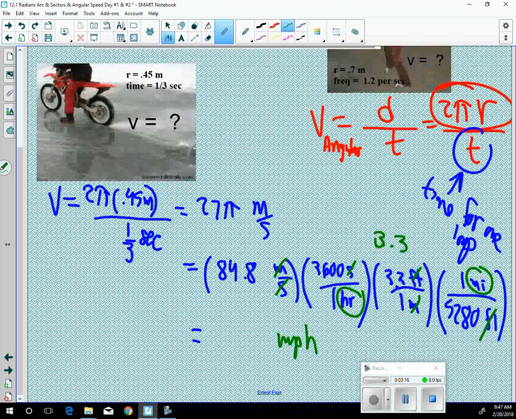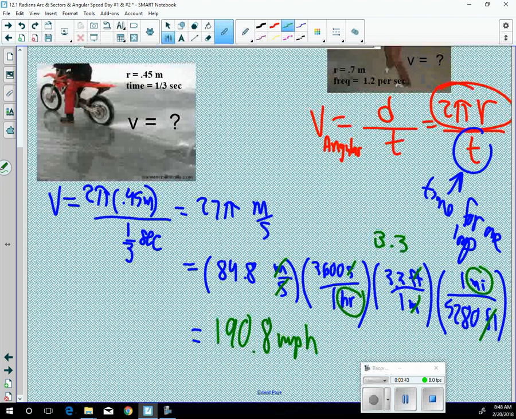I think in the 30s. What'd you get? Should be in the 30s. Yeah, you've got to multiply by 3,600. Okay, good.